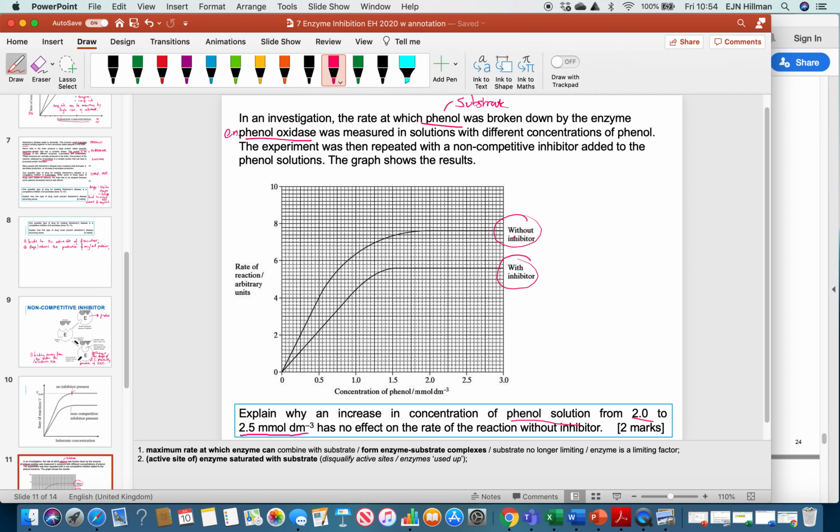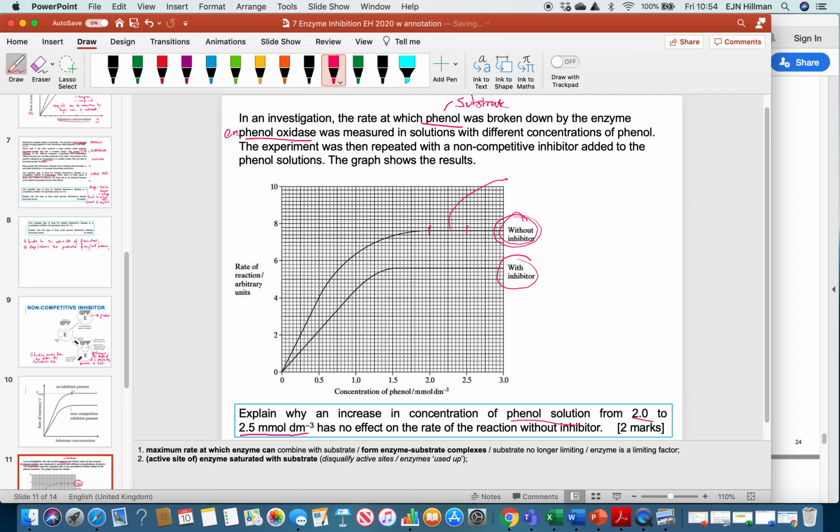So we're looking at without the inhibitor from 2 to 2.5 millimoles, so increasing the concentration of the substrate but no effect on the rate of the reaction.